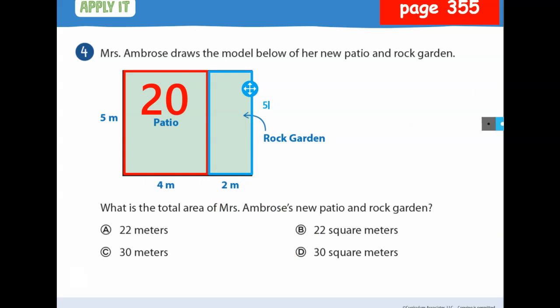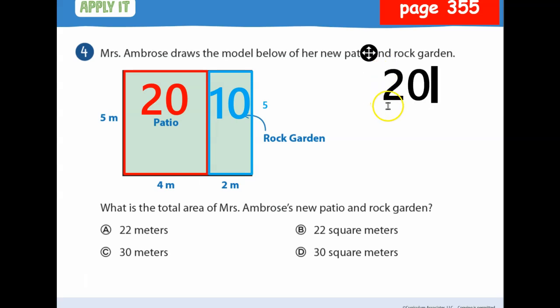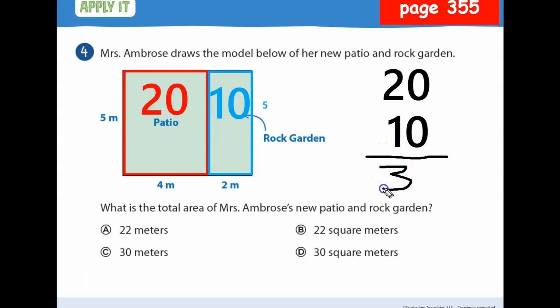What's that? 10. Okay, I know we're a little rusty. And then what do I do next? 20 plus 10 is how much? 30. So the answer is C.